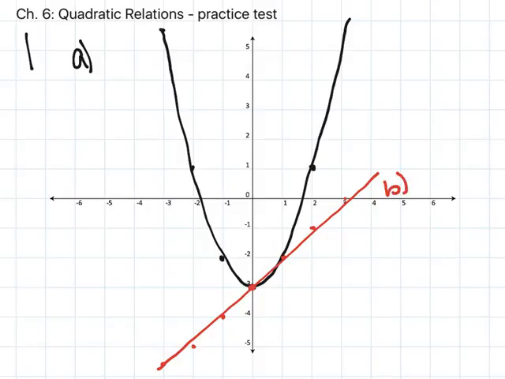And then C, I'll do in green. We have -3, -2, -2, +6, and it keeps going up in a steep line.